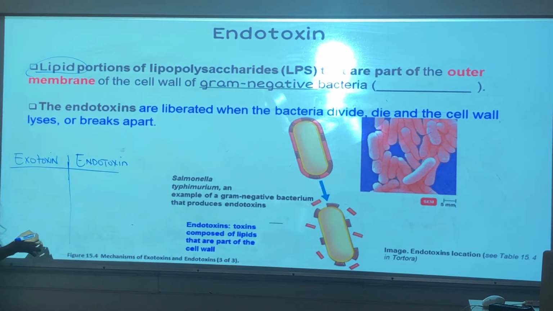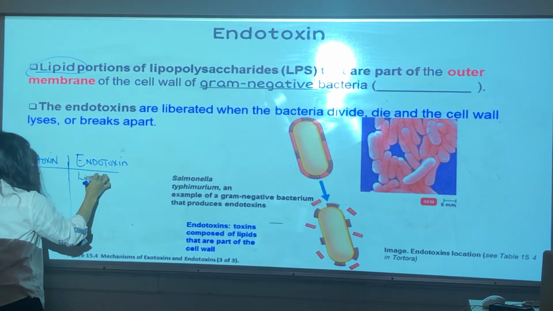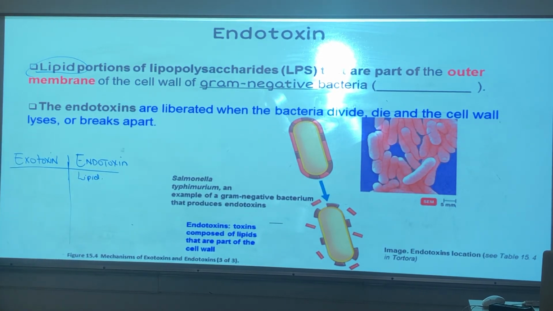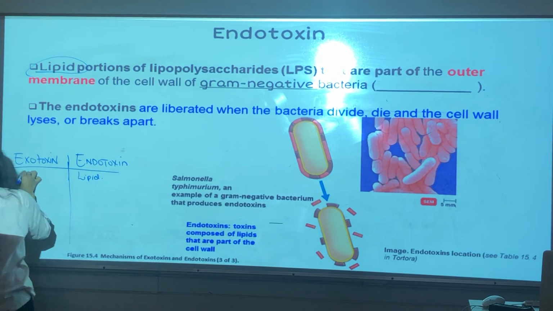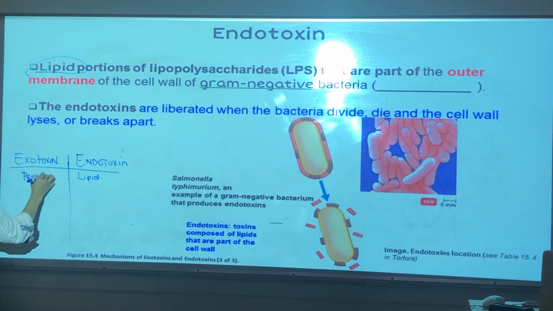For the endotoxin, these are lipids. What was the exotoxin? The exotoxin was protein. So that's one difference.